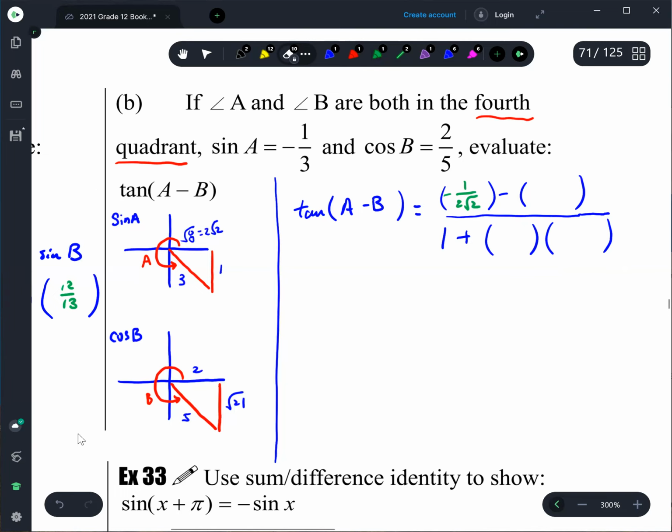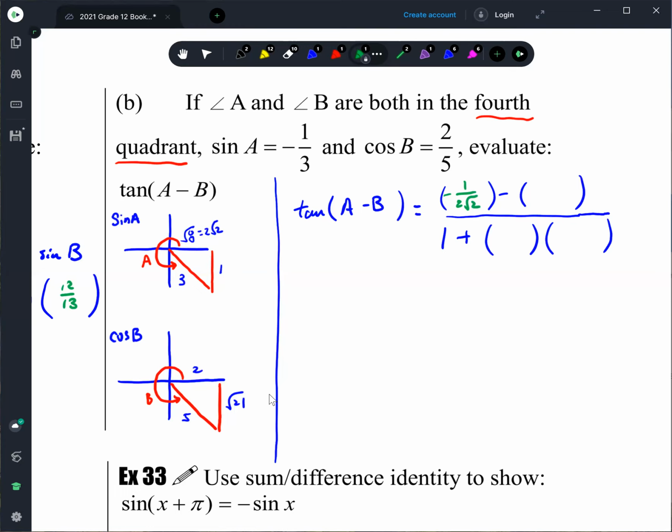If anyone has questions about how we got the 3 sides in the triangle, let me know. Okay, Nick, do you have the numerator, second blank in the numerator?